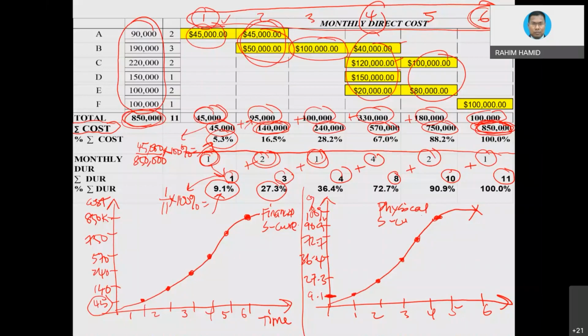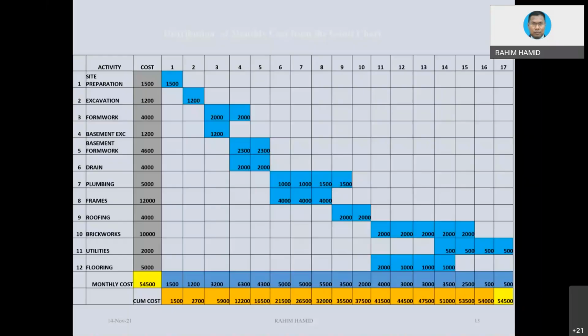So this is what we call the basis. The basis of the physical and financial S-curve is based on this concept. As simple as that. All right, now let's take a look at another example. When you have a long list of activities, then only you are going to see the S-curve basically look very nice.